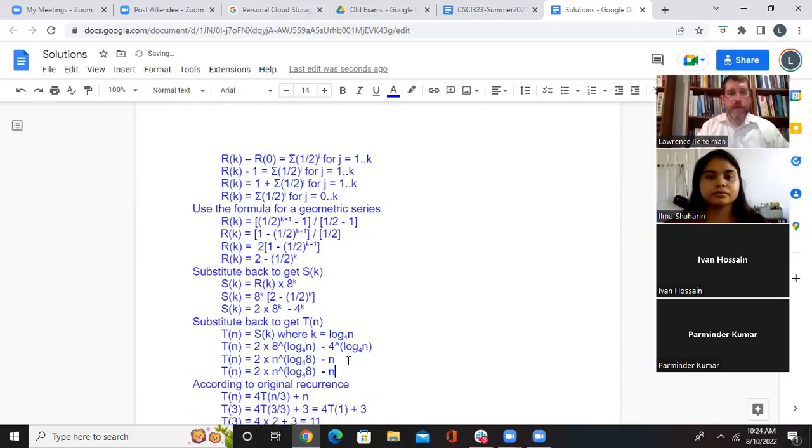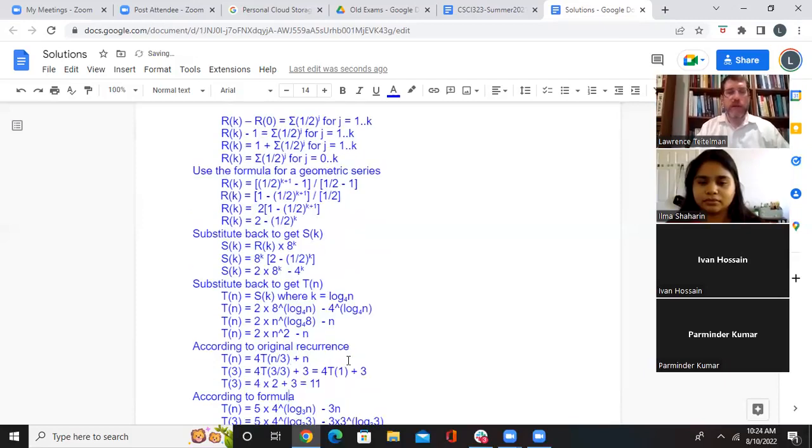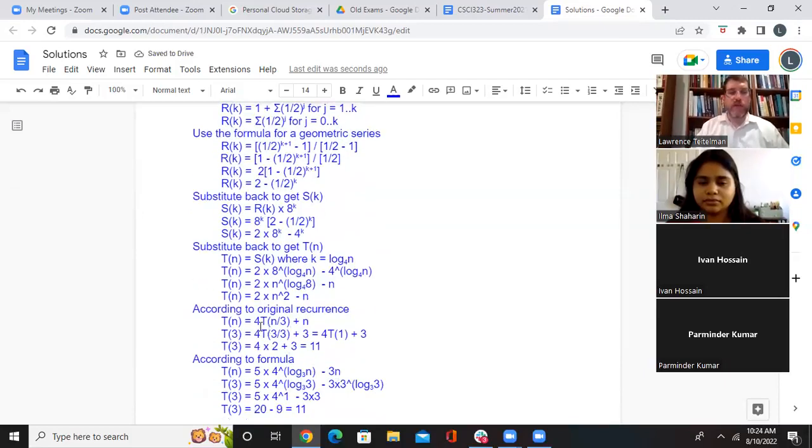So that's equal to n squared minus n. Okay, so now we're going to test it. According to the original recurrence, what did we have? We had an 8 there and a 4 here. And what are we testing? T of 4? Yes, T of 4.